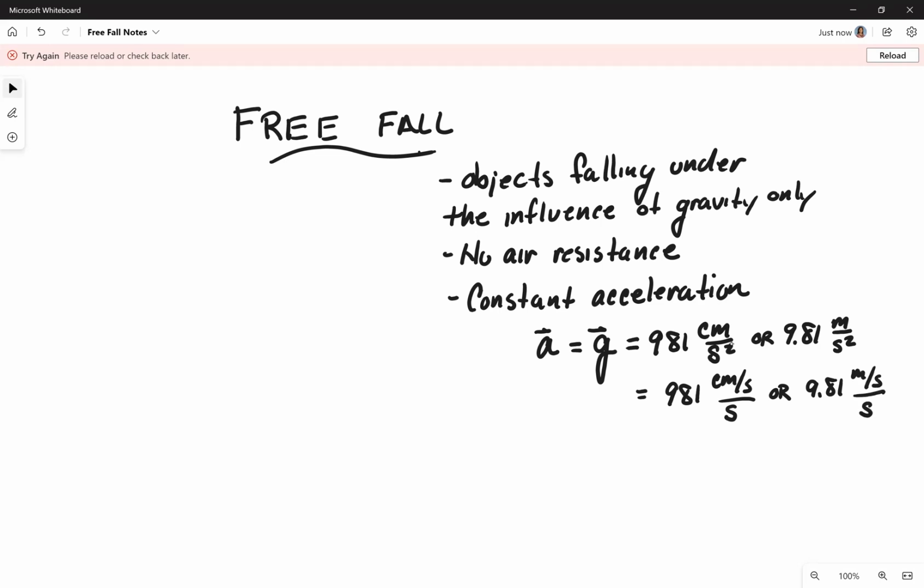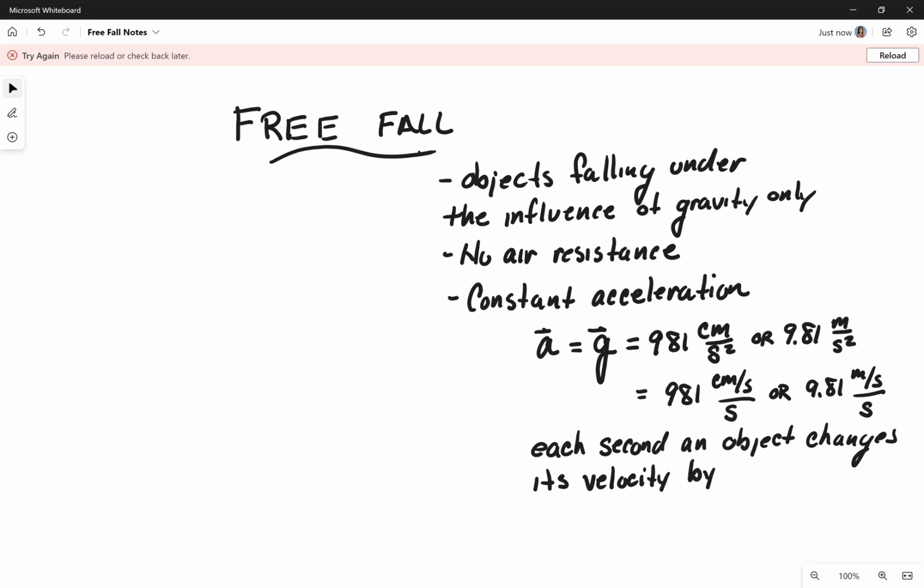That means each second an object changes its velocity by 9.81 meters per second in the downward direction.